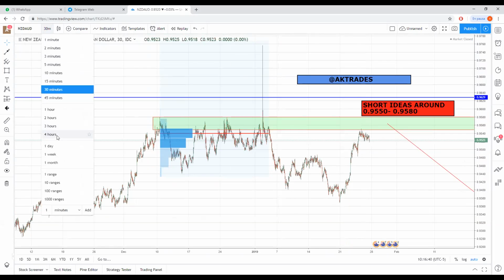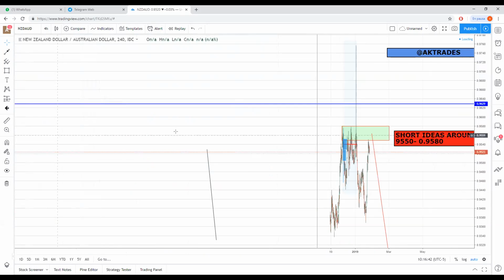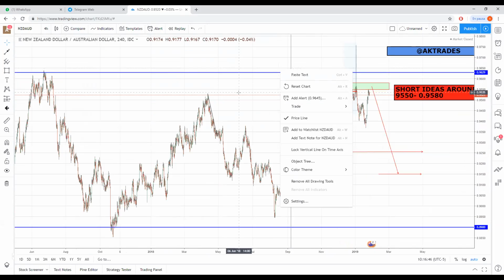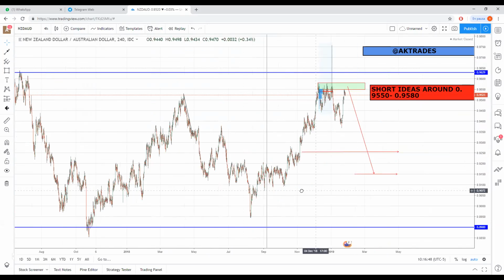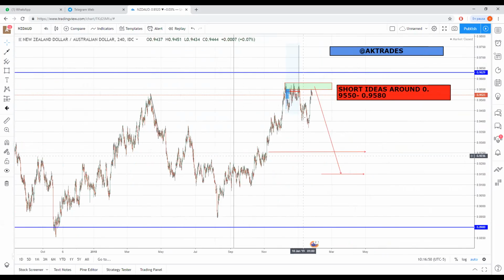Let's go back to the 4-hour chart, and again, in all this up move, let's see how the volumes behave.